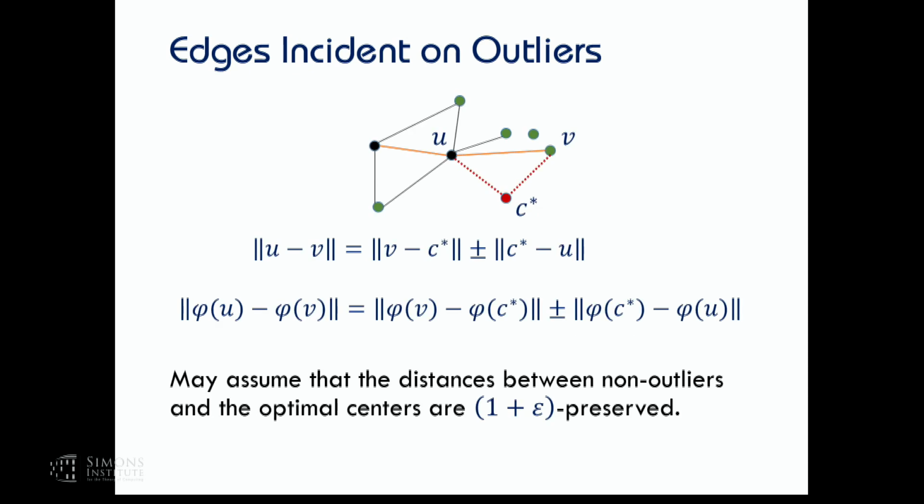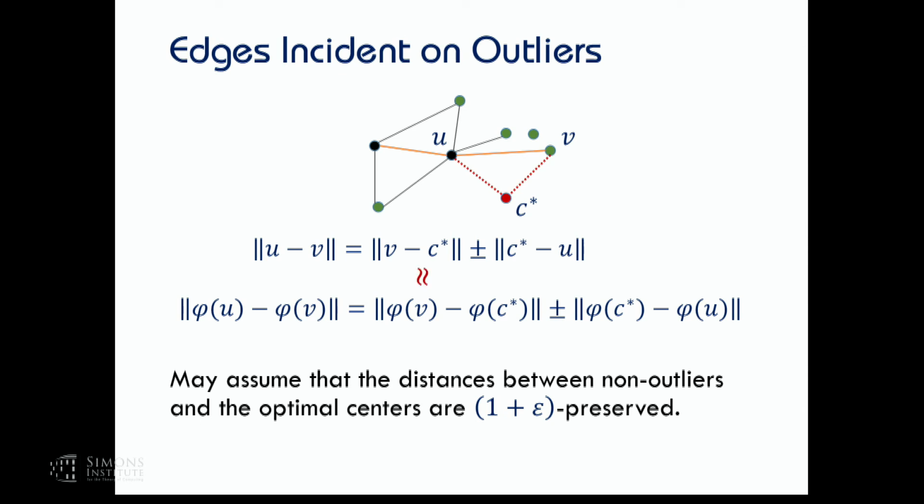So we write the triangle inequality for U minus V. U minus V is equal to V minus C star up to this term, the distance between U and C star. So we have this approximate equality. We have the same approximate equality in the projection.